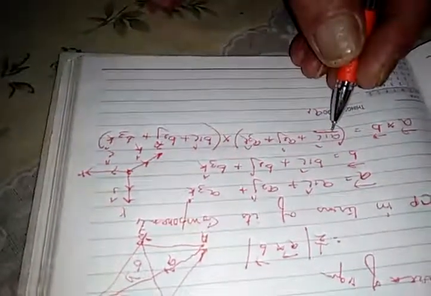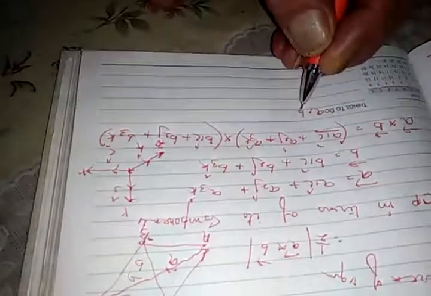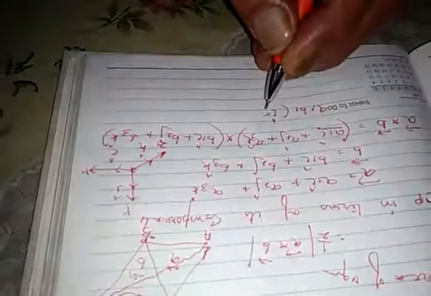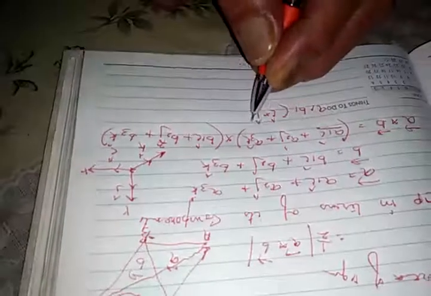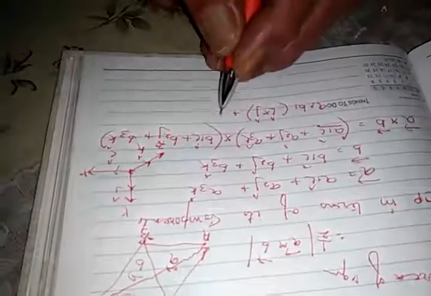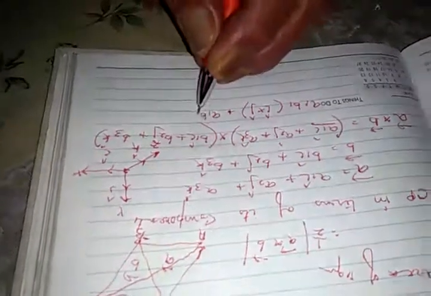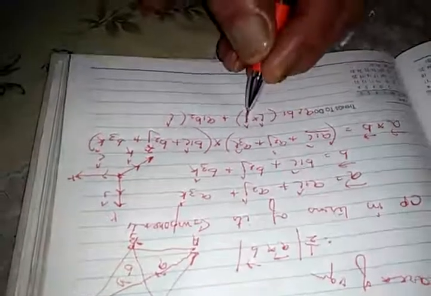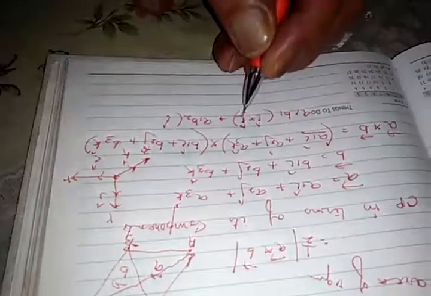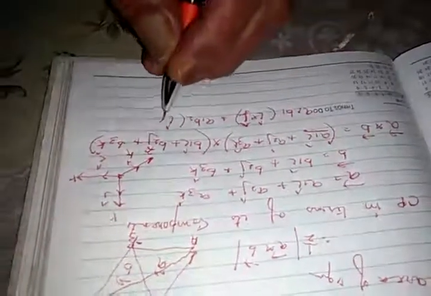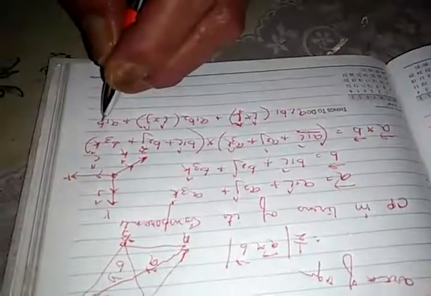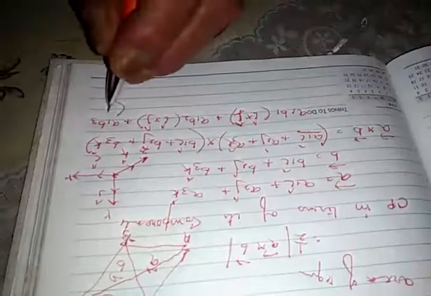For scalars, ordinary multiplication, A1 into B1, and for vectors the cross, i cross i. Then plus A1 B2, i cross j, plus A1 B3 into i cross k.